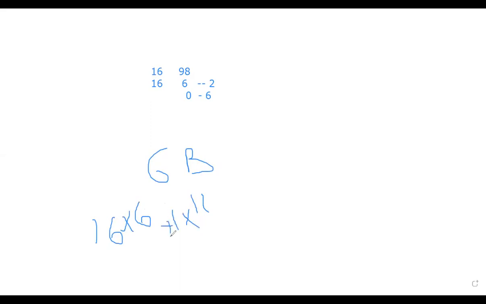I hope that this is very much clear to every one of us. Then 16 times 6 is 96, and then we have plus 11, and if I add the values up, what I get as a final answer is 107.